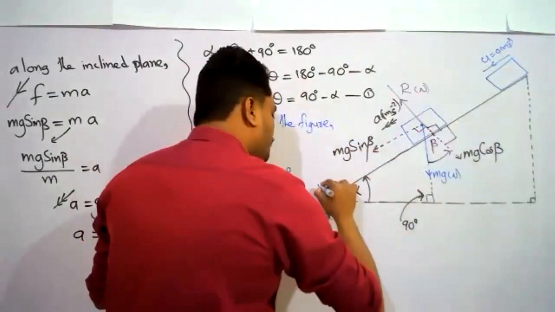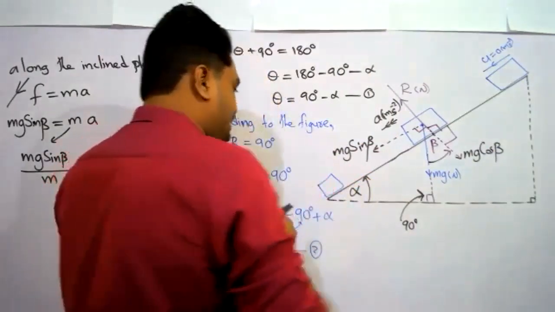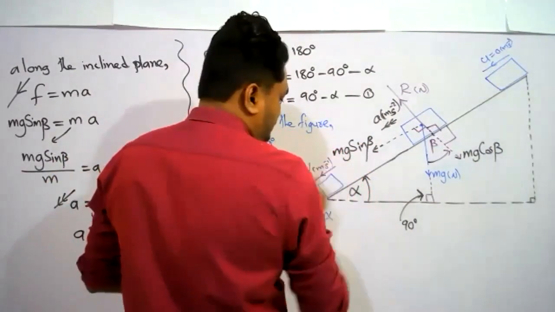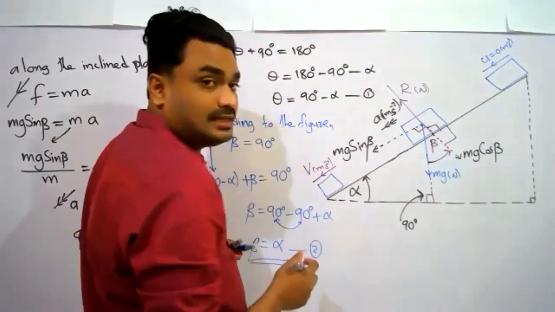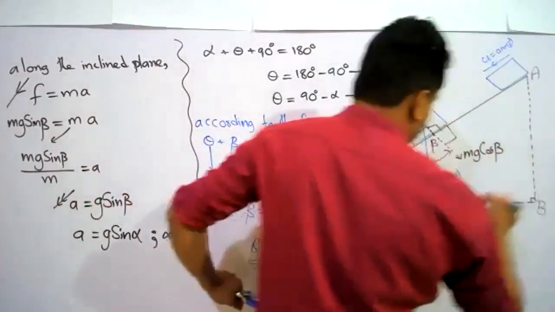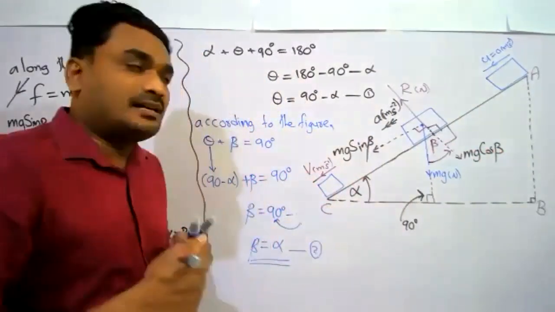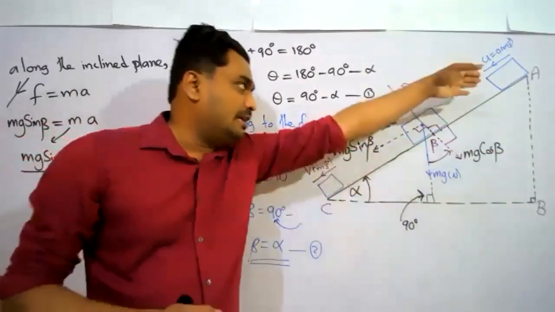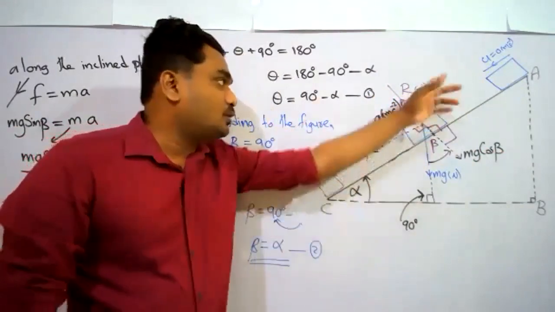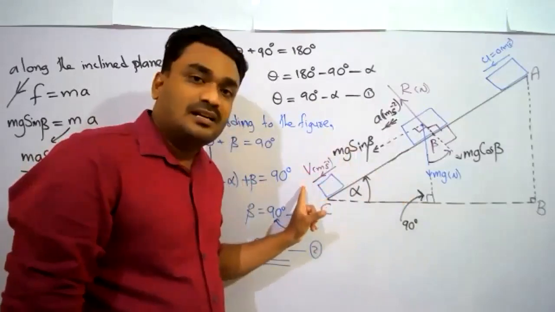It reaches the bottom of the inclined plane with a velocity of v meters per second. Let's say this point is A, this is B, this is C. In some examinations they will give you the length of the inclined plane AC, and ask the time taken for the object to travel from A to C and the velocity of the object when it reaches C.